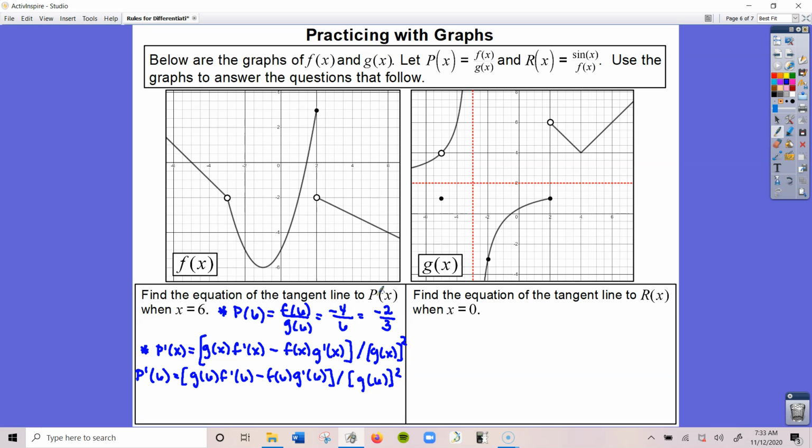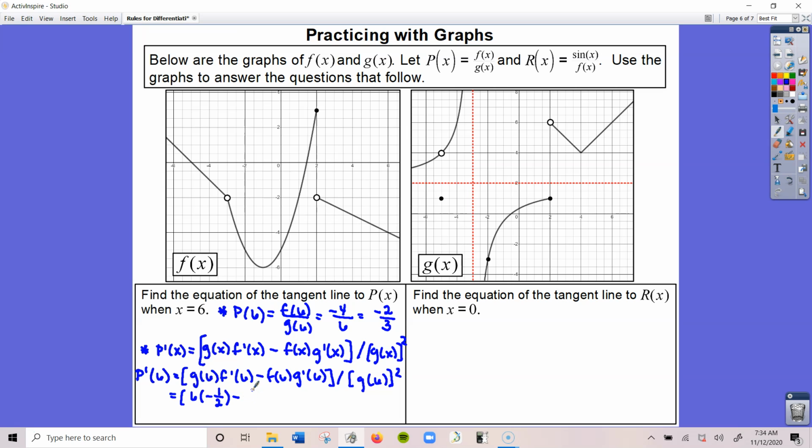Now I'm going to use my graphs here to find these values. g of 6, as we saw earlier, is 6. f prime of 6. Now when you look at your graph, this is f of x, and to find f prime, you find the slope of the line. So when I look here, I need to go down 1 or right 2. So the slope of f of x when x is equal to 6 is negative 1/2.